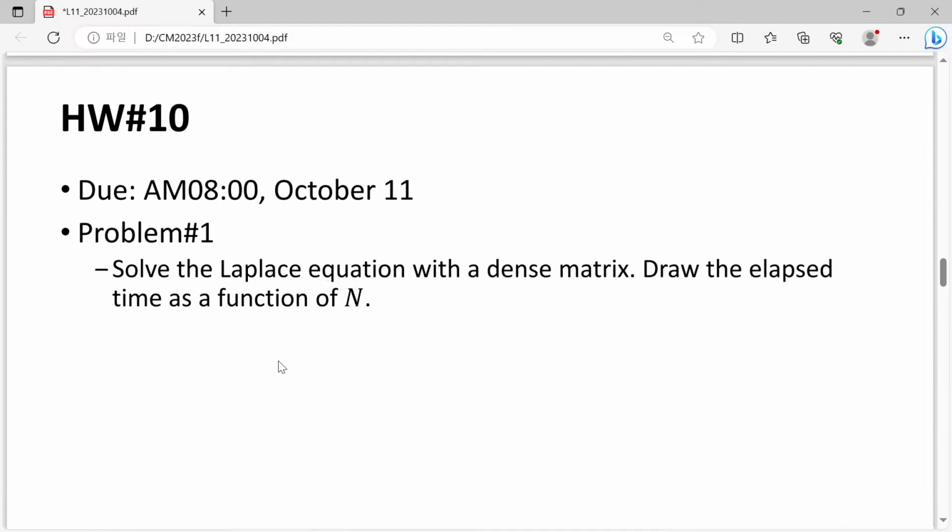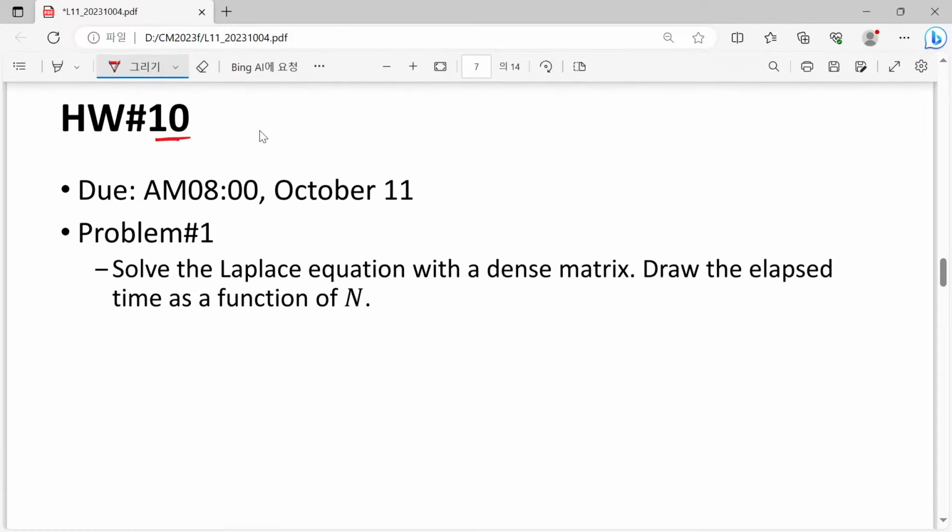So now you have homework number 10. Why is that 10? Because lecture 10 was done online. So now, although we are in lecture 11, the homework number is just 10. Your first homework problem is just to solve the Laplace equation.